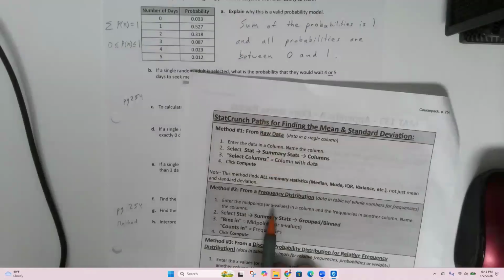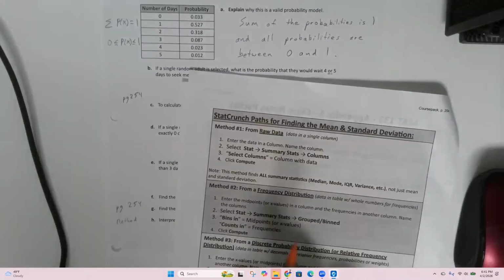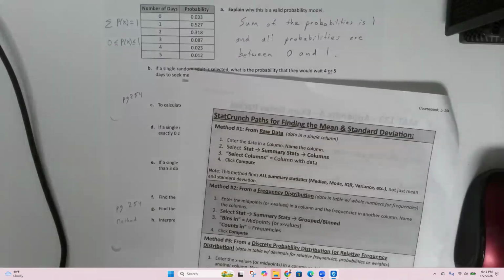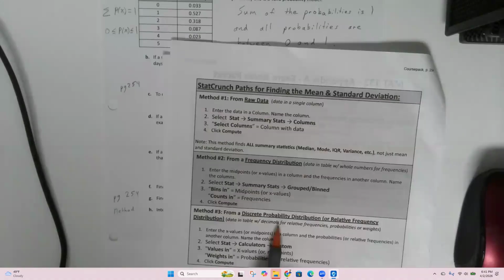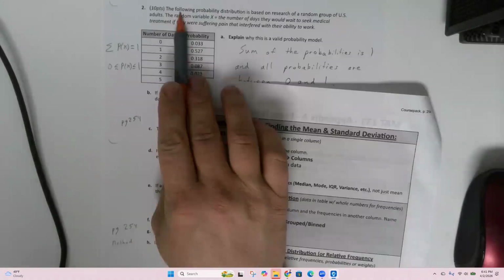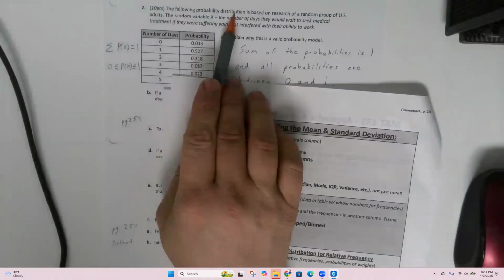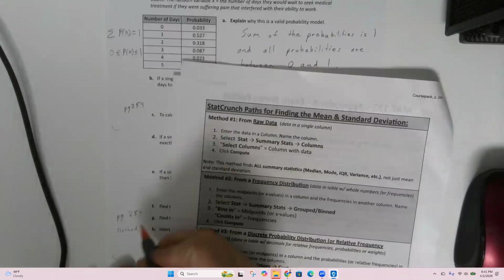Number two is if I have a frequency distribution. For that, I need class midpoints and then frequency counts, okay? Method three is a probability distribution, and that's what I have here, the following probability distribution. So this is method three, okay?